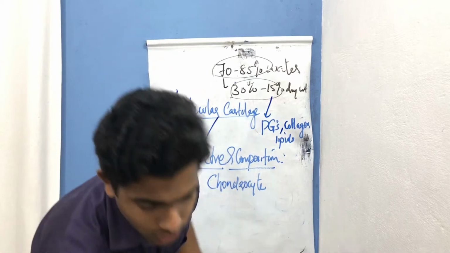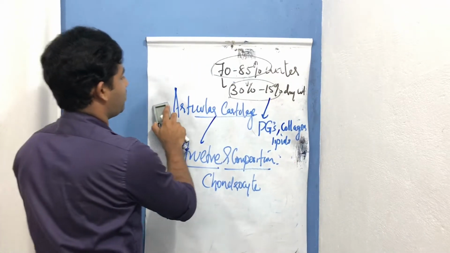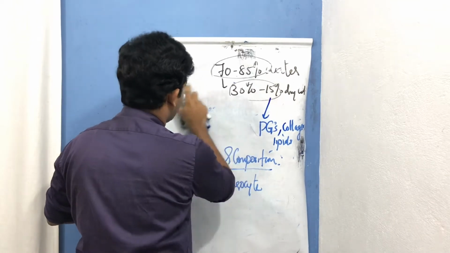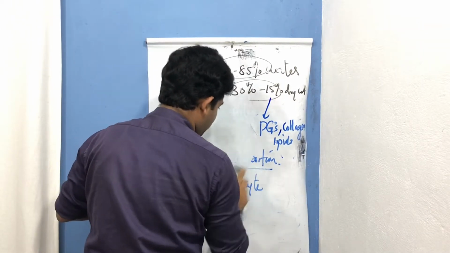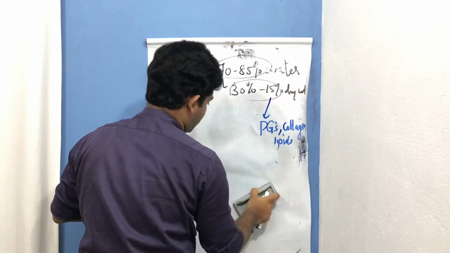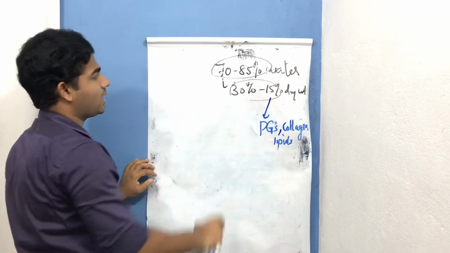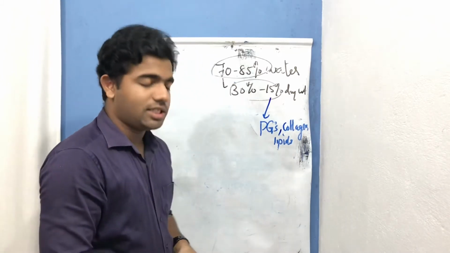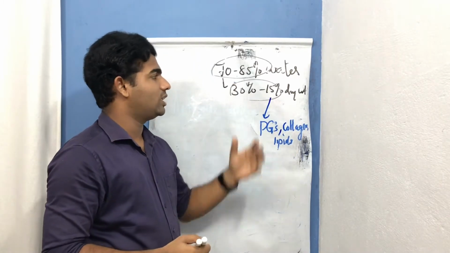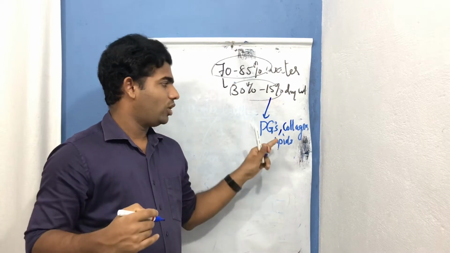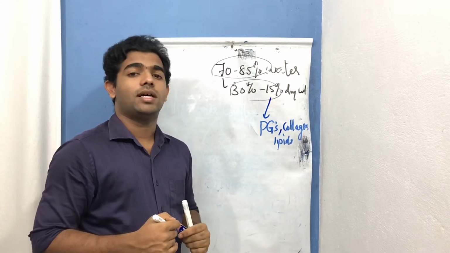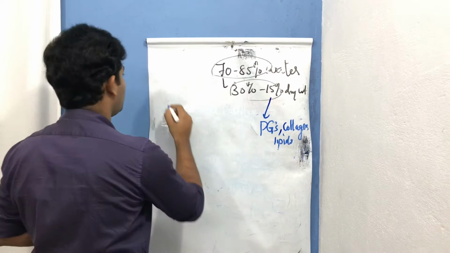Now we are going to discover the properties of each of these specific substances that are found in the articular cartilage. So once again, articular cartilage is made up of 70 to 85% water, and 13 to 15% is dry weight, in which proteoglycans, collagen and lipids are the major components.